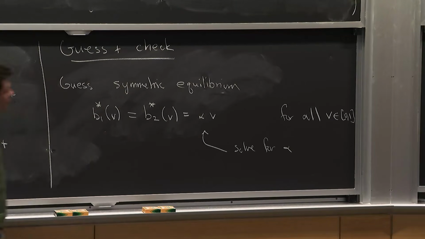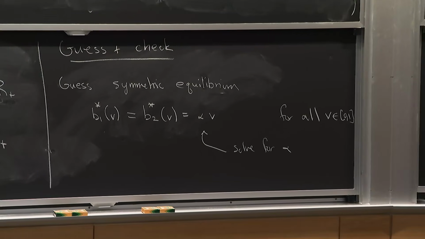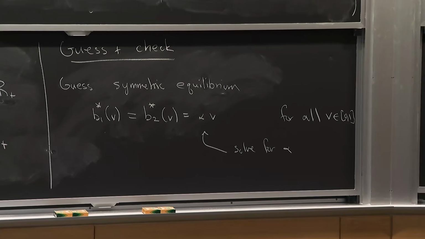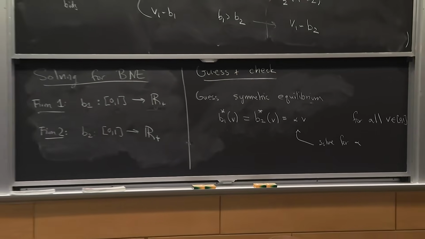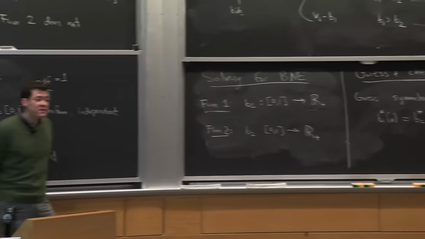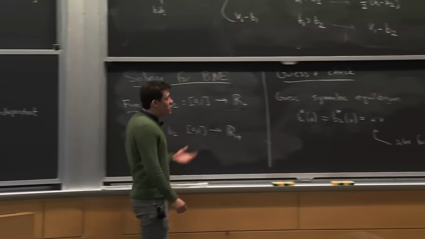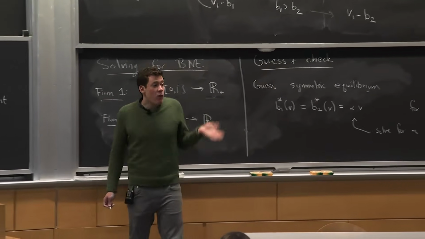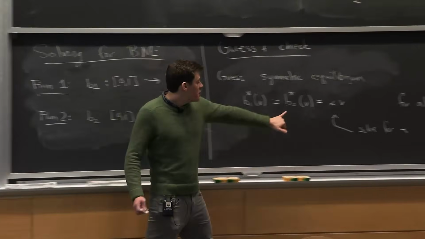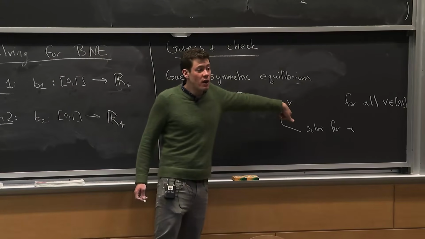Any guesses about the value that alpha might have? Is it going to be bigger than 1, less than 1, positive, negative? Any thoughts about this thing, alpha? Yeah. Something positive less than 1. Positive less than 1 is a good guess, right? Because we know, and we saw from the example, that I want to what's called shade my bid. I want to bid less than my true valuation. So certainly alpha should be less than 1.